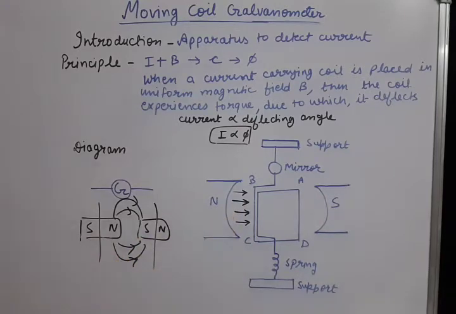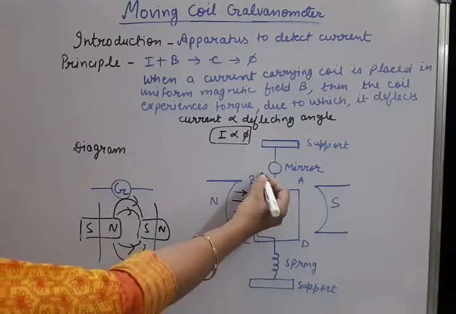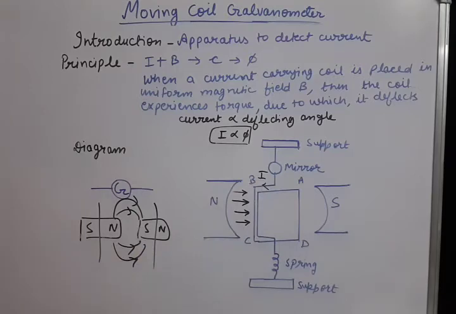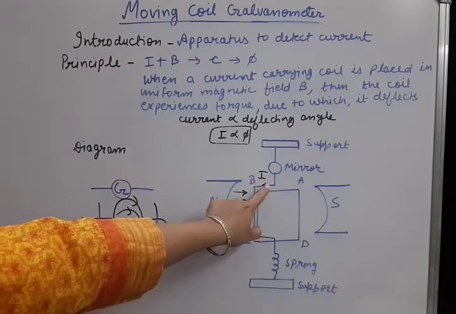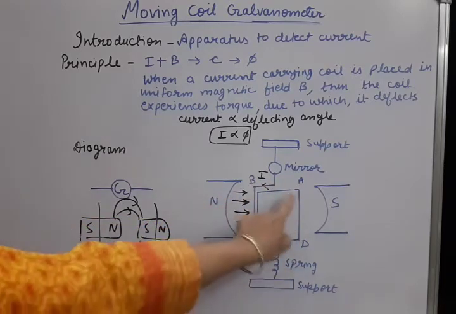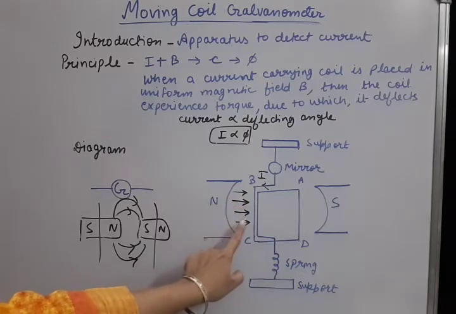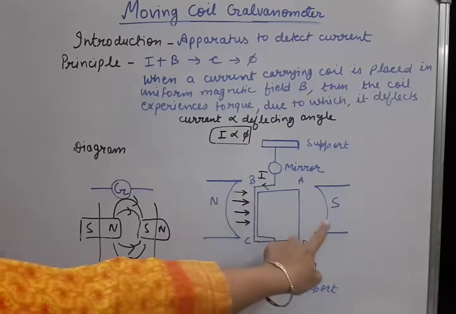Okay, so let us proceed to its working now. Whenever we take a current carrying coil, that means I should flow in the coil. Suppose an I is flowing in the coil, so current is flowing in this whole coil, and the magnetic field is also present with the help of these two poles.